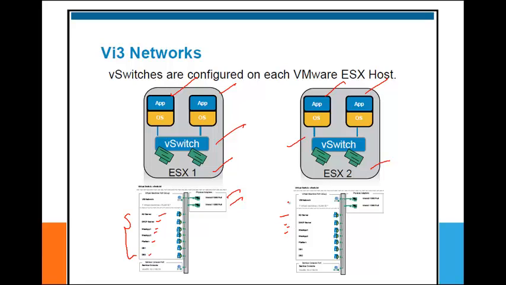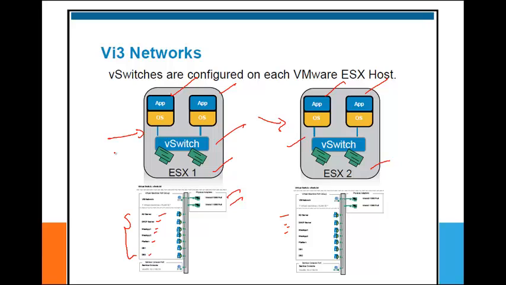Now they have something to teach here, but here the PPT is not clear. What they are trying to say is that one or more V switches can be configured, but they need to be configured individually. We don't have any group configuration. This has to be configured separately, and this has to be configured separately on each ESX host.